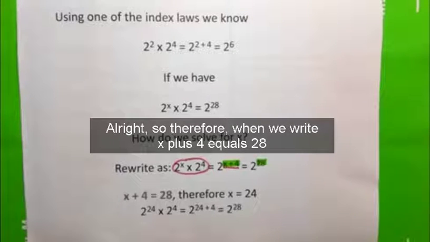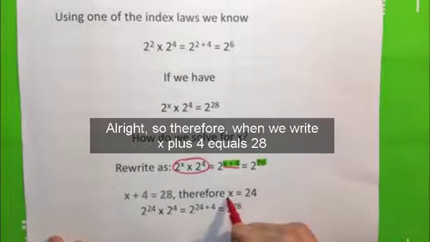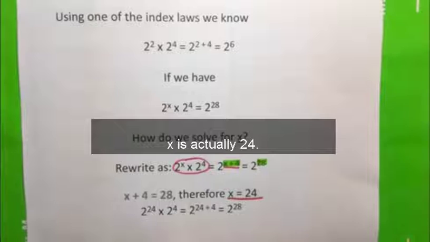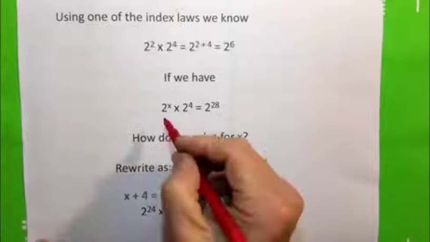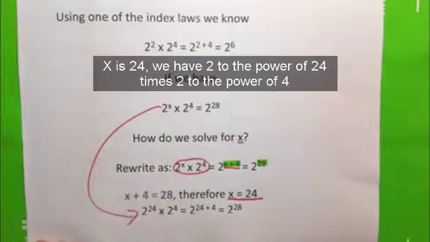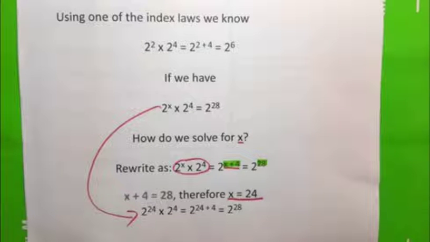Alright? So therefore, when x plus 4 equals 28, x is actually 24. Rewriting this, x as 24, we have 2 to the power of 24 times 2 to the power of 4 equals 2 to the power of 28.